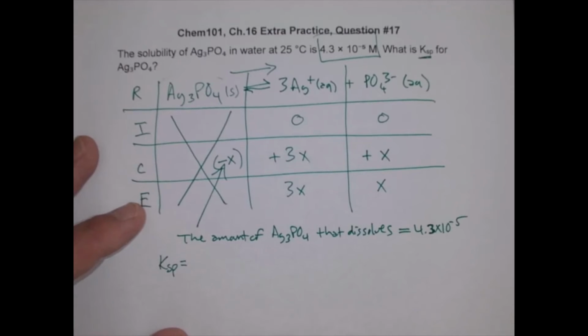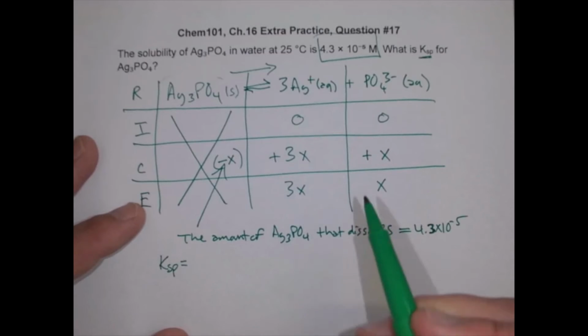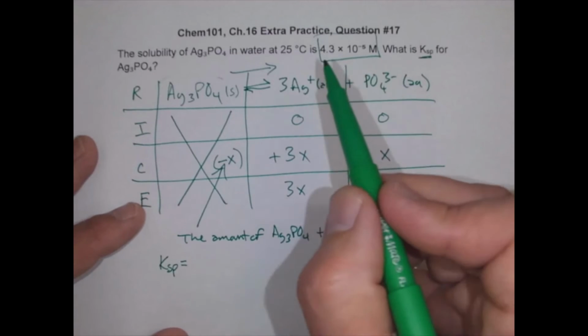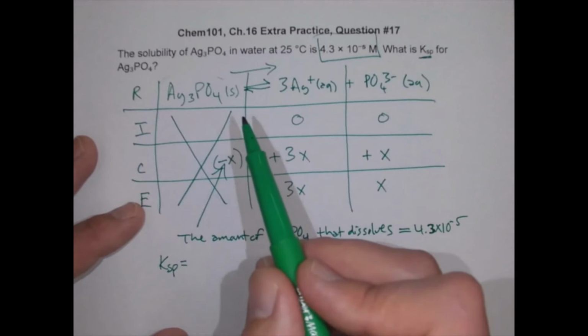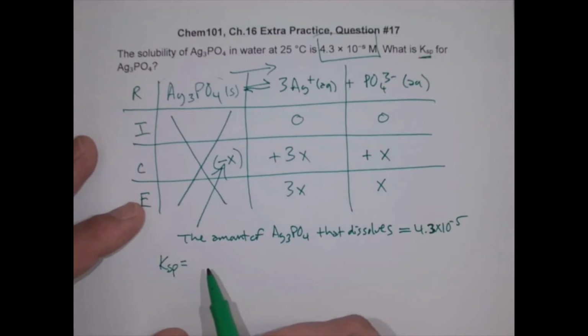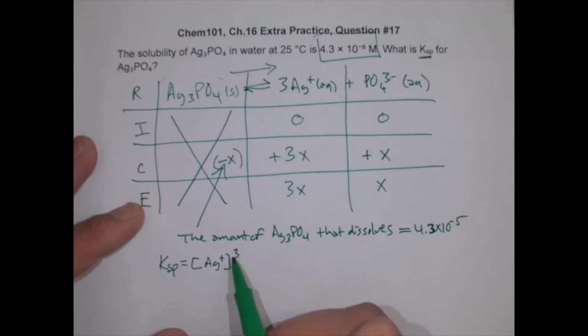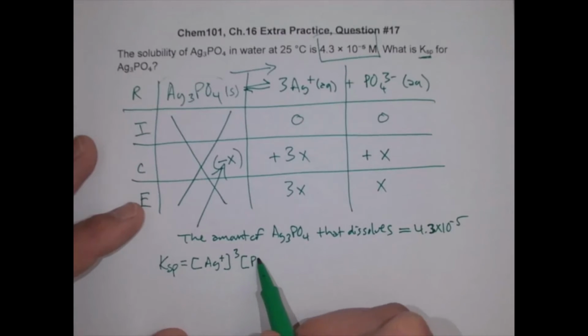Well, let's write an expression for Ksp first. Just like every other equilibrium constant expression that we've written, it's just the concentration of each product, where we raise it to the power of its balancing coefficient, and then we leave out solids and pure liquids. So it's going to be the concentration of the silver ion raised to the power of 3 times the concentration of the phosphate ion.